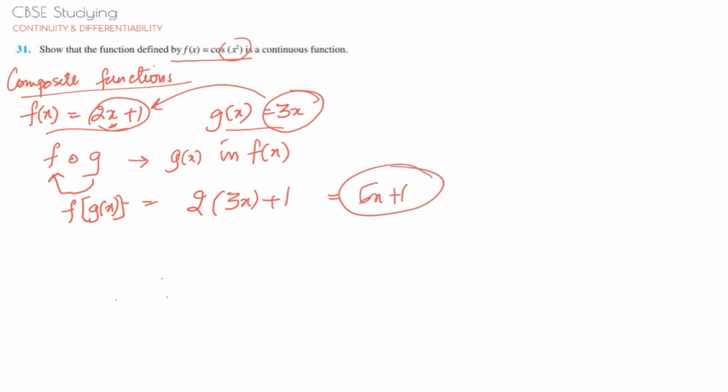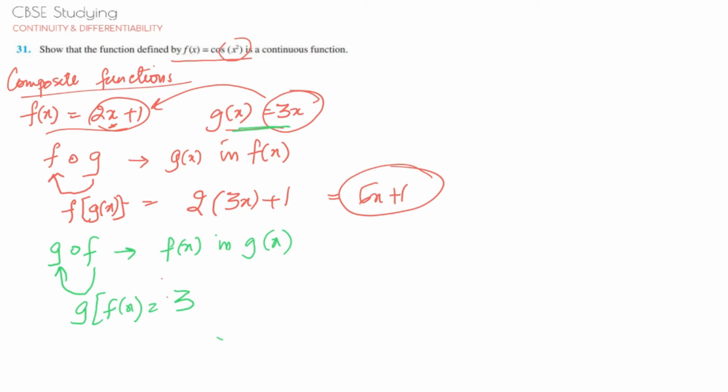Now similarly, if I want to do g of f, g of f means f of x in g of x, correct? So what is my g of x over here? It is 3x. g of f of x.